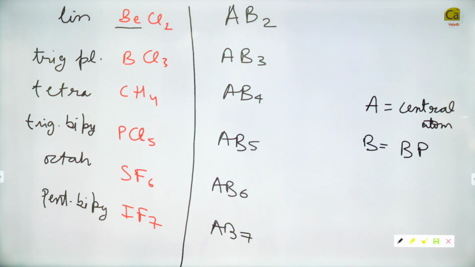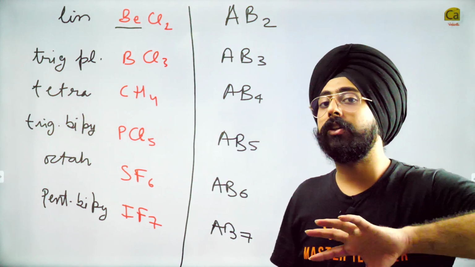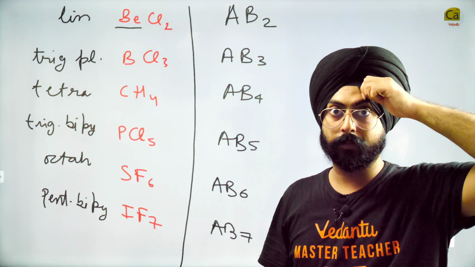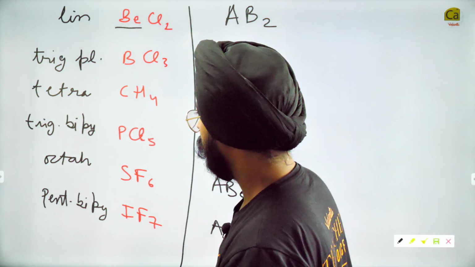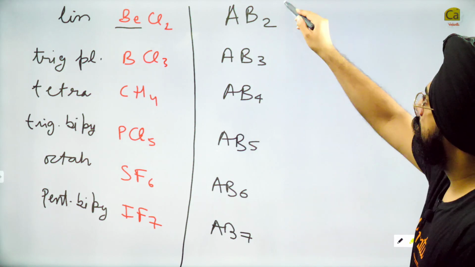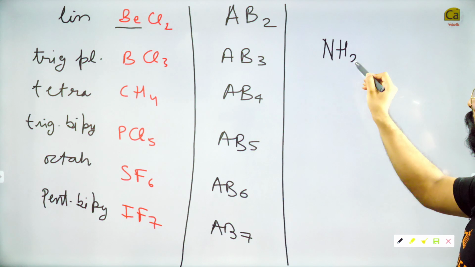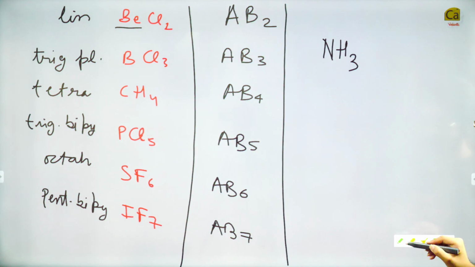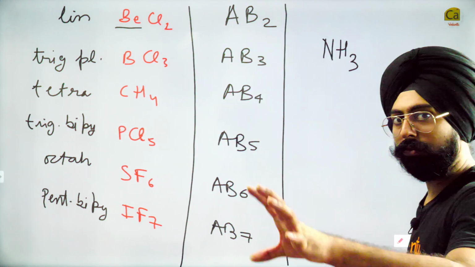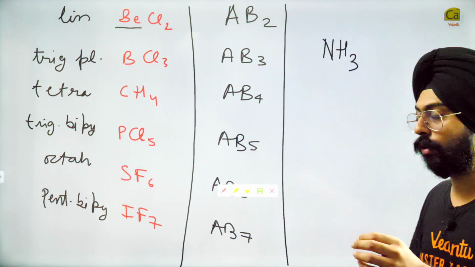Now, my dear friends, the things that we will discuss in the next class are the non-standard cases. Okay? An example for the non-standard case would be the example of NH3. My dear friends, in NH3, I'll give you a very quick detail about NH3. We'll discuss NH3 again in the next class, so don't worry.